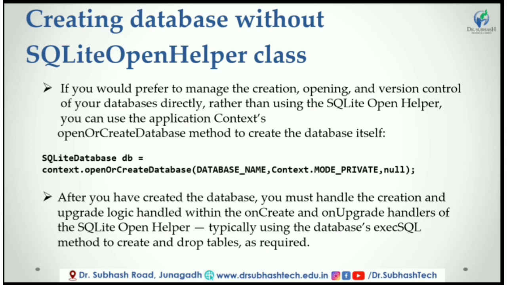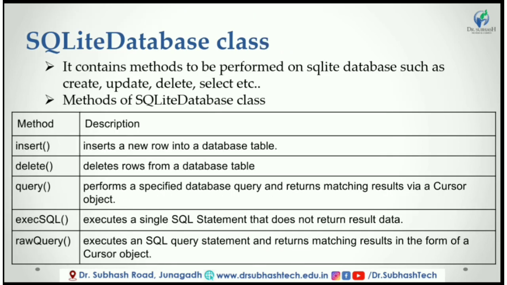So now the next topic is the SQLiteDatabase class. It contains methods to be performed on a SQLite database such as create, update, delete, select, etc. First method is insert. Insert a new row into a database table. The delete method deletes rows from a database table.